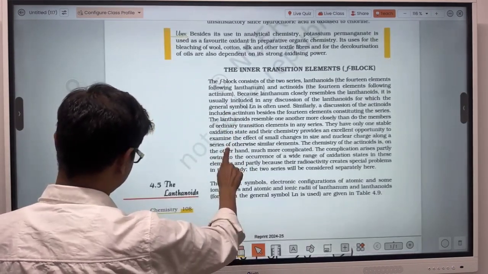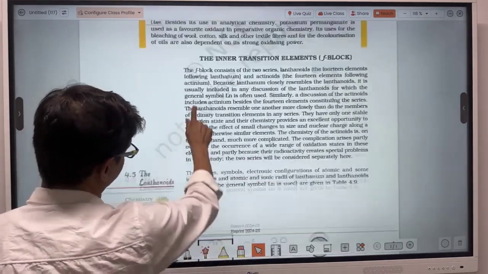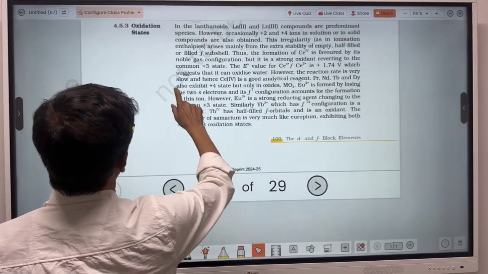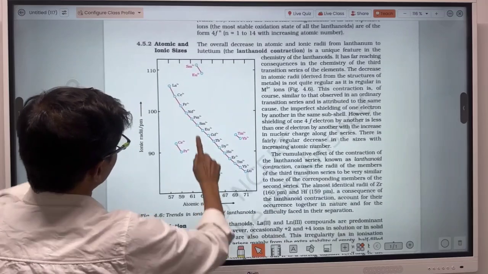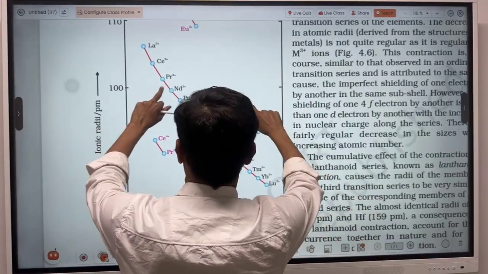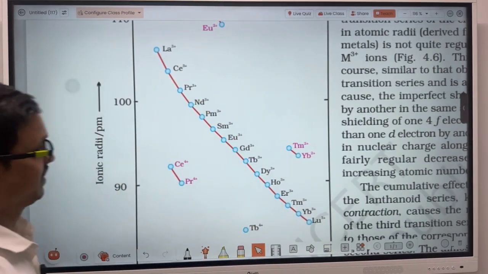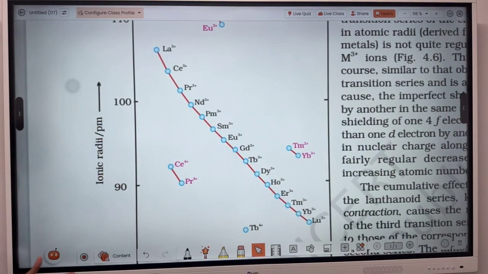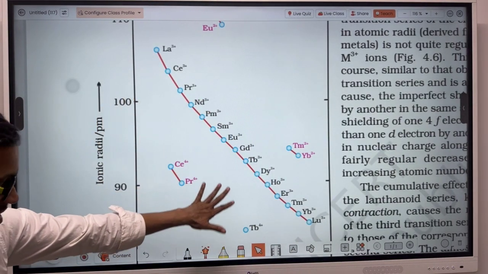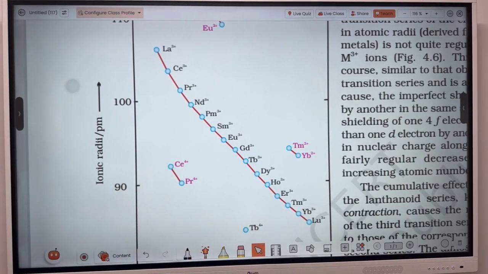that is size. Watch out about the size. That means lanthanoid contraction. And what is the meaning of lanthanoid contraction? If you study this graph carefully, then you will predict the meaning of lanthanoid contraction.